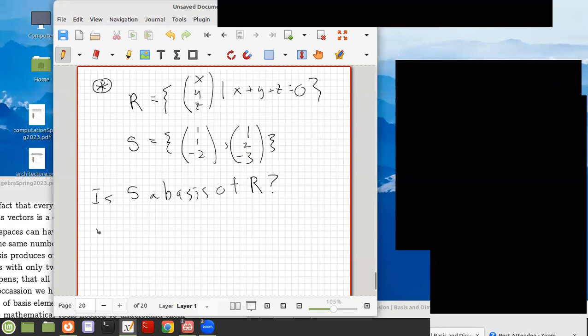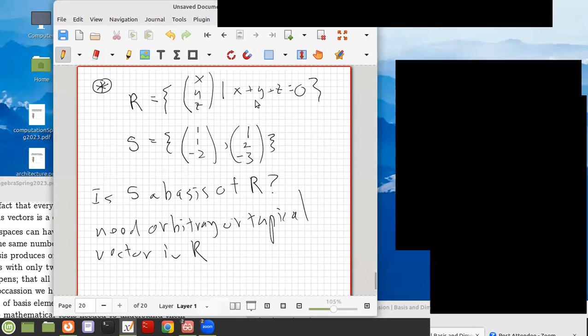So we need an arbitrary or typical vector in R. So what does that mean?